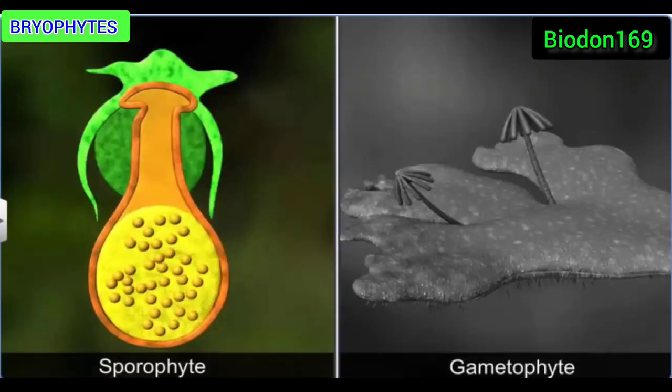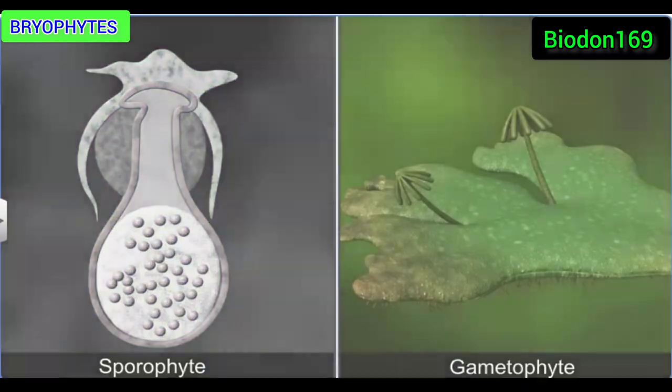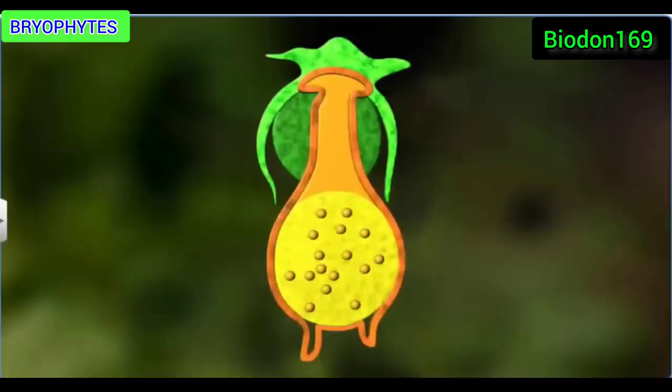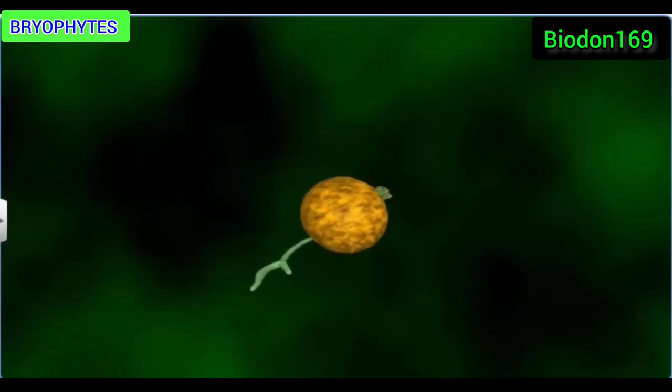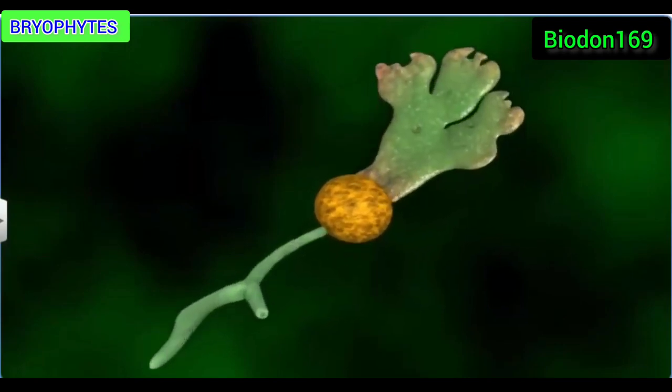The sporophyte gets its nutrition from the gametophyte. Some cells of the sporophyte undergo meiosis to produce haploid spores. These spores germinate to produce a gametophyte.